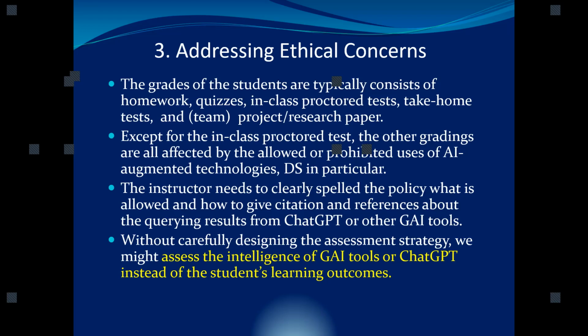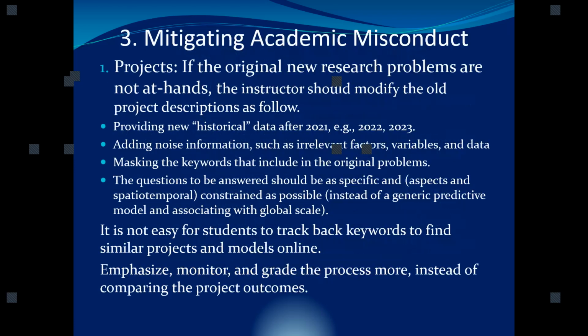If it's take home, there could be a mixing of both. About the projects, how do we avoid the situation where students just go online, find a similar project, modify a few words and submit it to us?